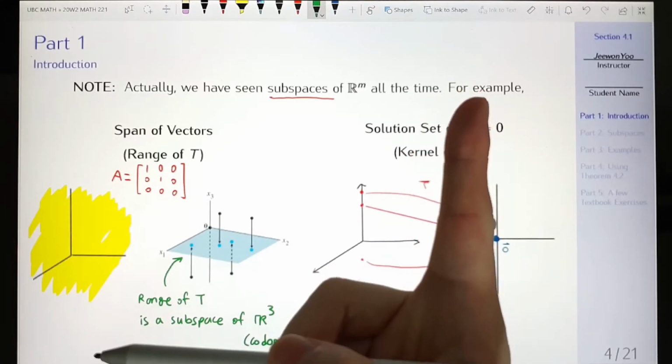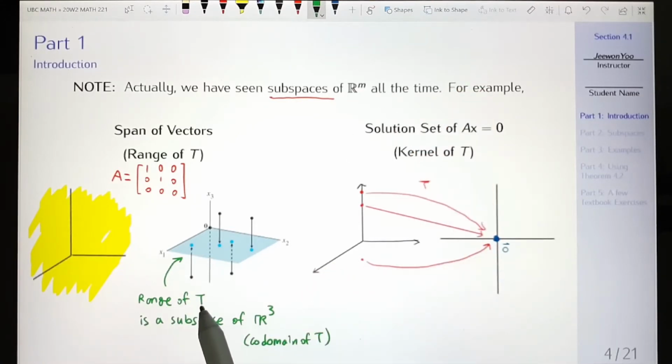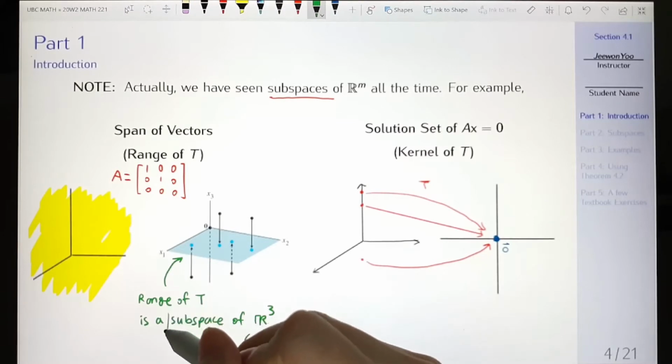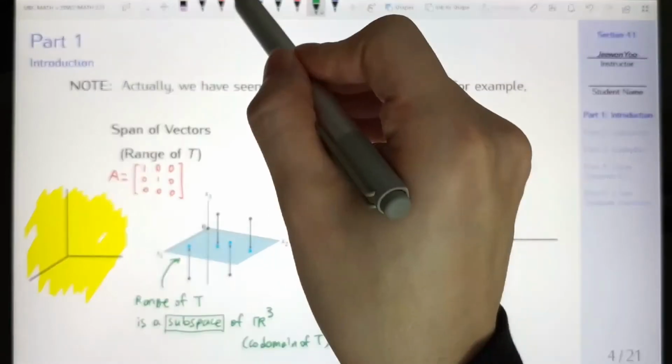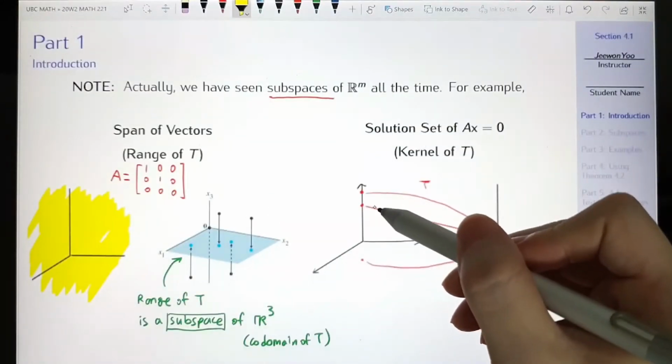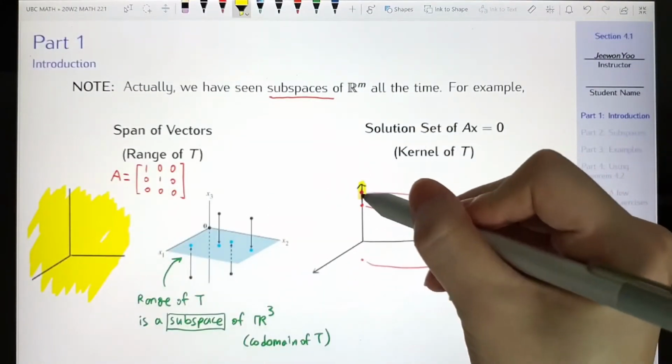One more time, everyone. Range of T is a subspace of the codomain in this case. But it doesn't necessarily have to be the codomain all the time. A subspace can live in the domain.